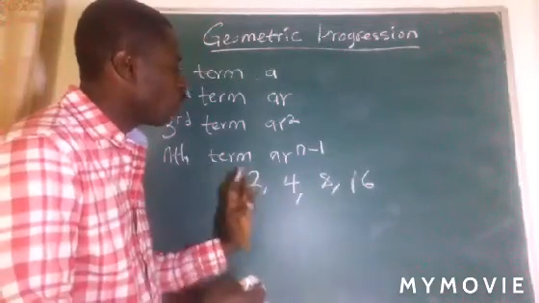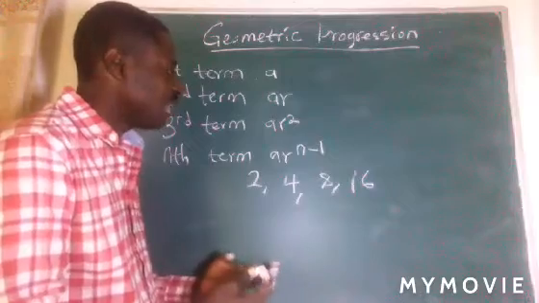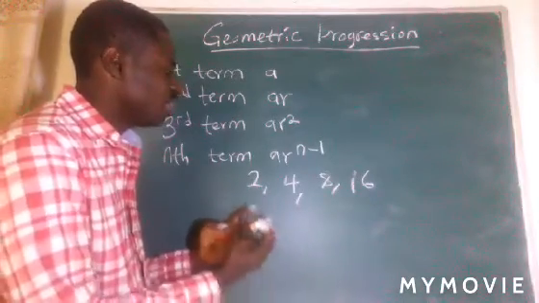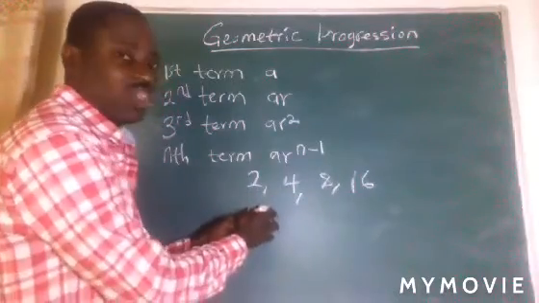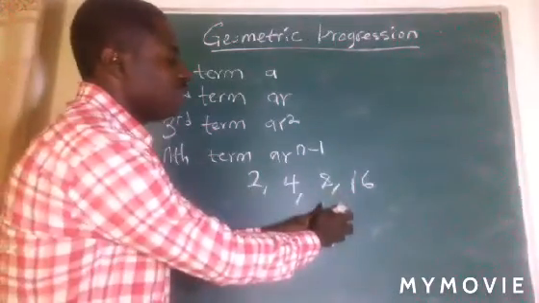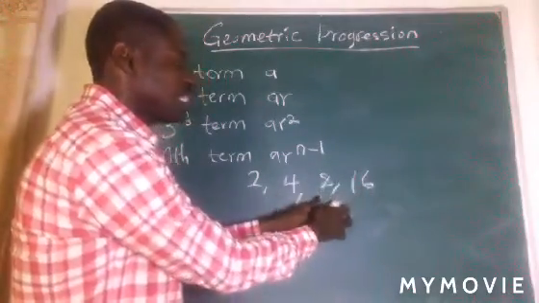We are looking for the common ratio between the terms. By definition, we say geometric progression is a sequence in which a term to the previous term is constant.